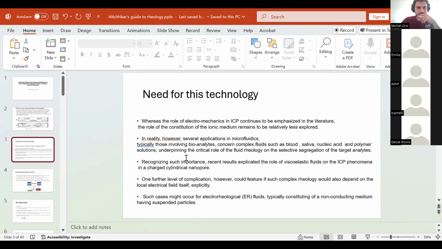Recognizing the importance of rheology, recent results explicated the role of viscoelastic fluids on the ICP phenomenon in a charged cylindrical nanopore. So, to increase one further level of complexity, the complex rheology can also depend upon the local electric field itself explicitly. Such cases might occur for electrorheological fluids, typically constituting of a non-conducting medium having suspended particles.